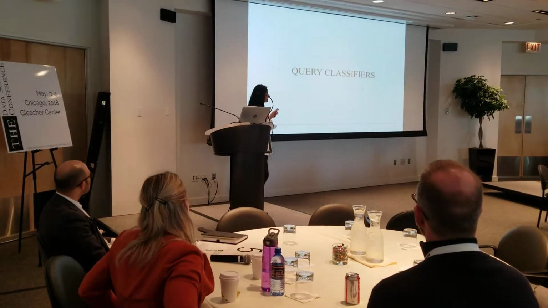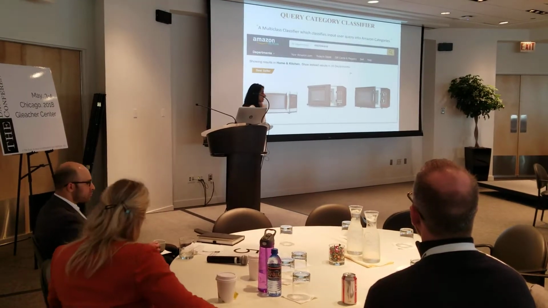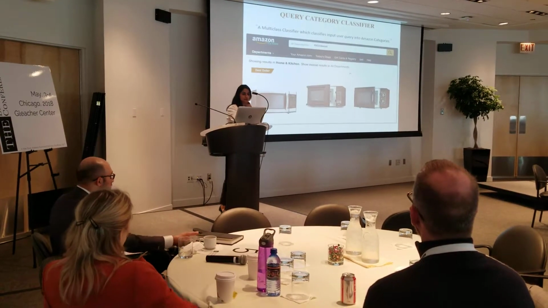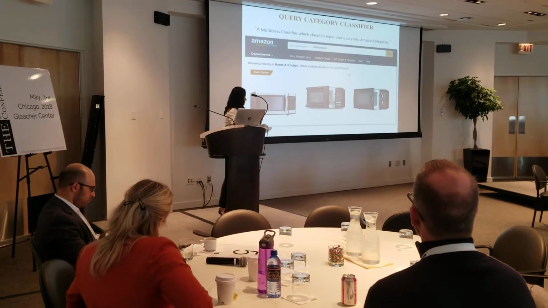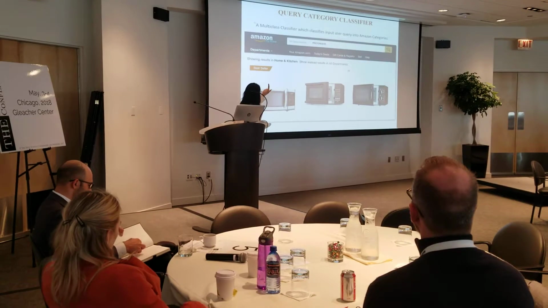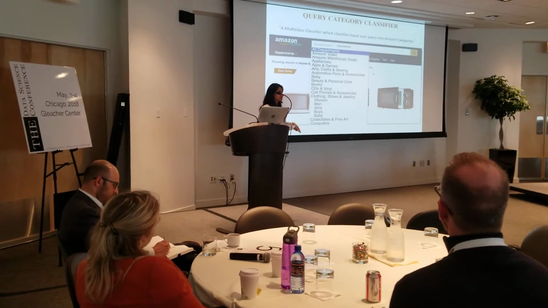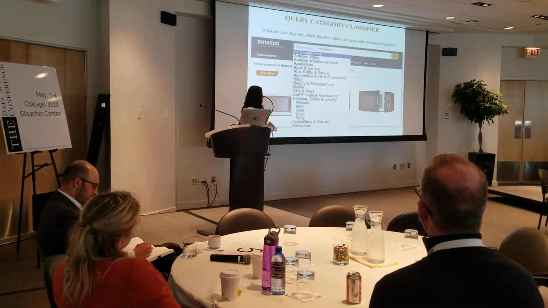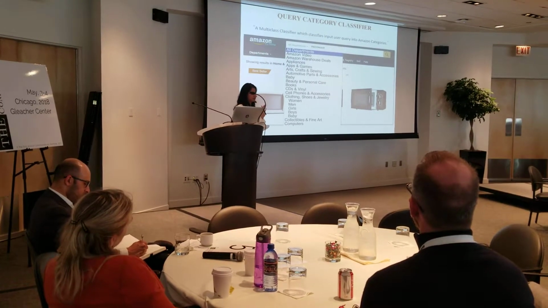So let's deep dive, without wasting much time, into what the query classifiers are. One common query classifier we have is the category query classifier. Within Amazon, if you see that button, all departments, and you click that, you'll see various categories we have within the search engine. Not a lot of users really click the category and search. They just search on all departments.